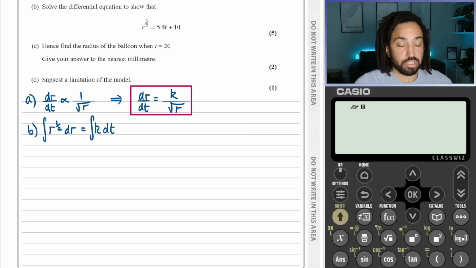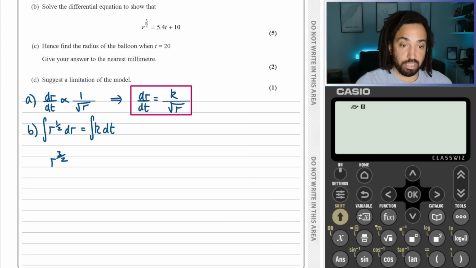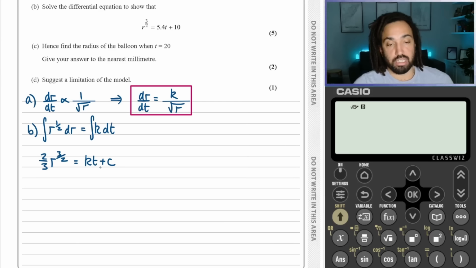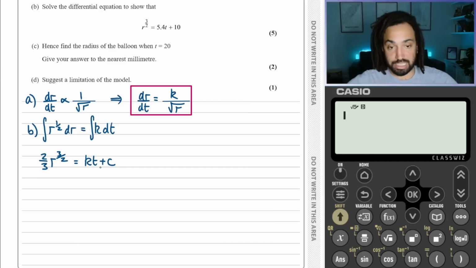So we up the power and divide by the new power, which is the same as timesing by 2/3. And that's going to equal k integrated with respect to t, which is kt, and then plus c for the constant of integration, which you don't need to put on both sides. You just need one constant of integration, that will suffice.